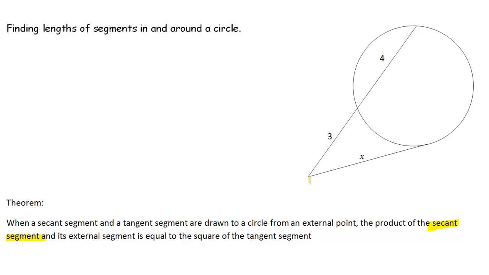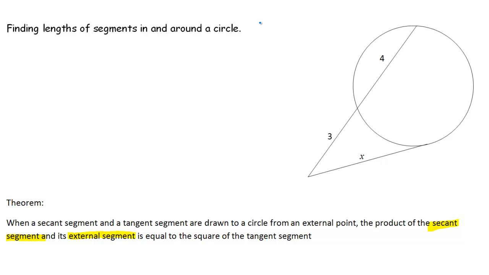And its external segment, external again, outside segment, so that's just from here to here, just the outside part, so that 3 labeled in this problem is equal to, so they're setting up an equation, to the square, meaning something's going to be squared, to the tangent segment, so this guy's squared.